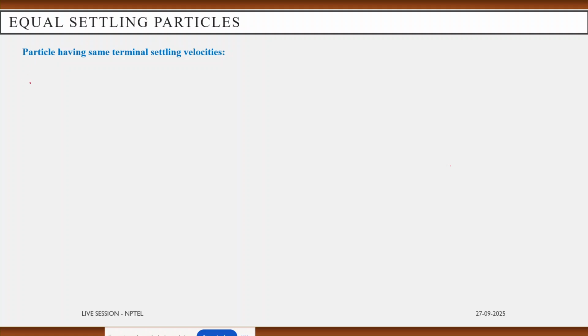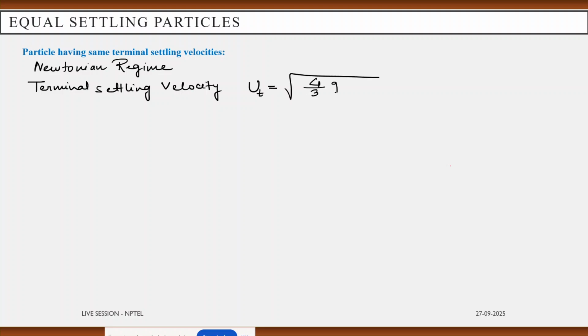So we know that for the Newtonian regime, we get the terminal settling velocity definition as u equals root over of 4 by 3 times (rho p minus rho f) dp by CD.